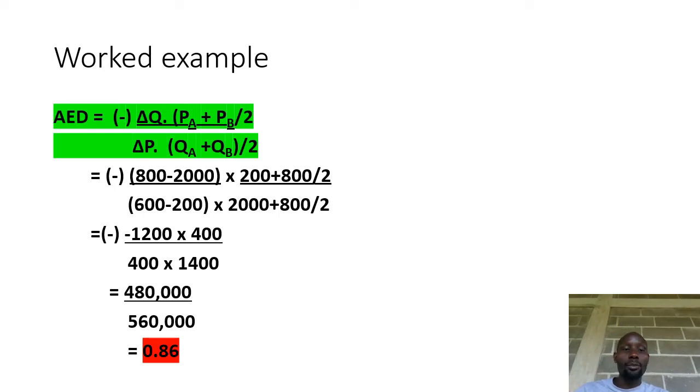So this will give us 800, which is now the new quantity, minus 2,000, which was the original quantity, times 200 plus 600 divided by 2 as our numerator. Then our denominator will be 600 minus 200 times 2,000 plus 800 divided by 2.